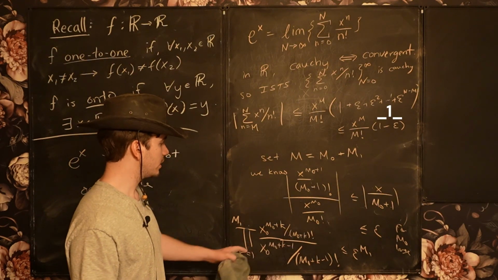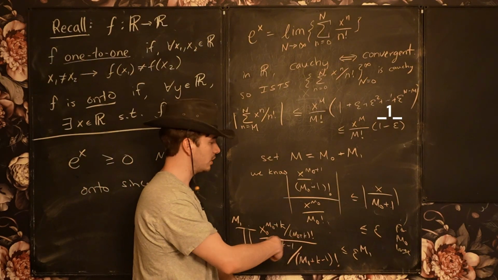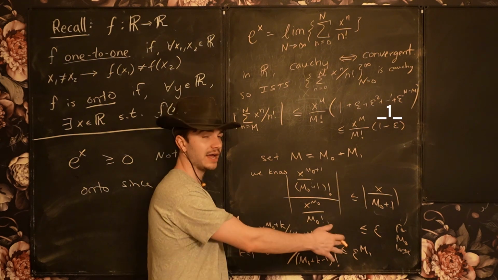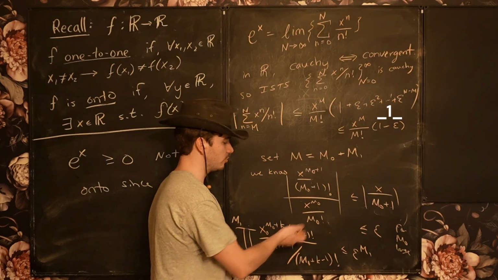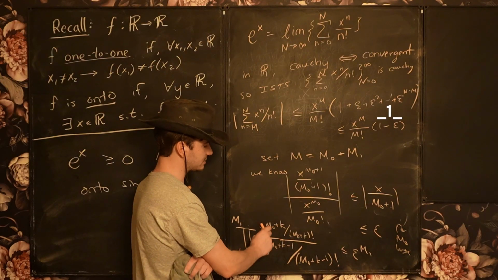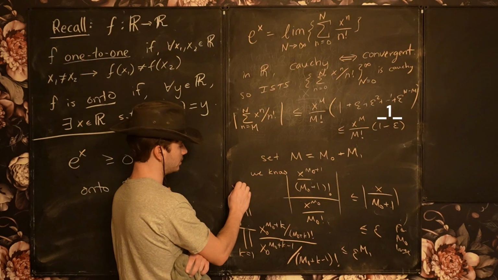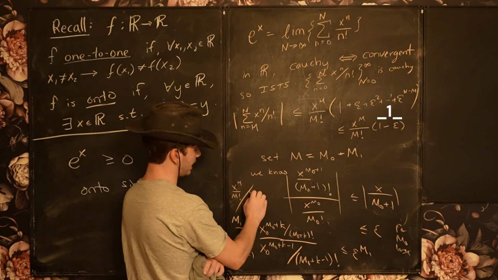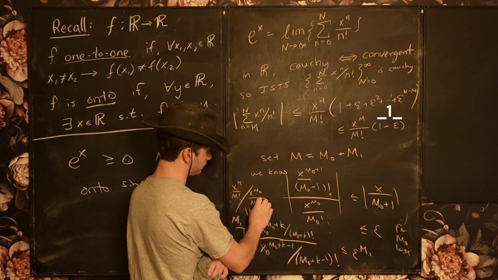And in this entire expression, all the cross terms cancel. If you expand this out in terms of the fractions, you get a telescoping product, and the telescoping occurs within the numerators and denominators canceling out. What you're left with is just x to the m over m factorial divided by x to the m naught over m naught factorial.